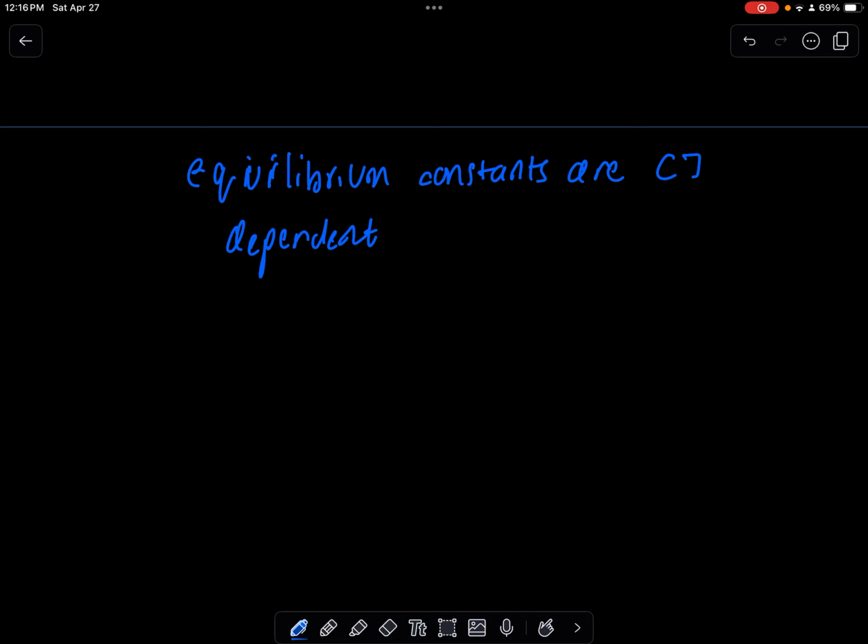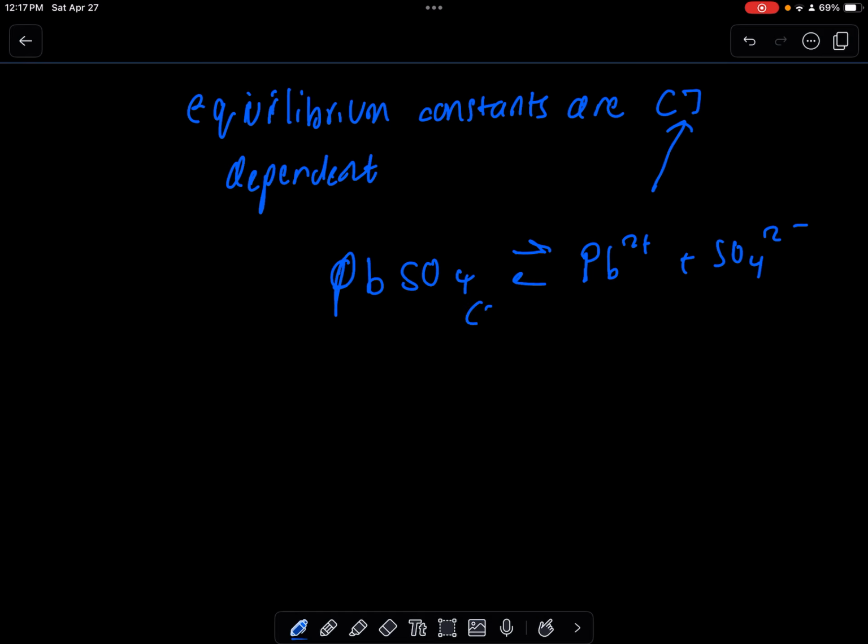Certain cases are apparent when we don't have a concentration for something. For example, let's have a look at this equilibrium. Let's take PbSO4 goes to Pb2+ plus SO4 2-. Now this is a solid, lead sulfate. These are aqueous.